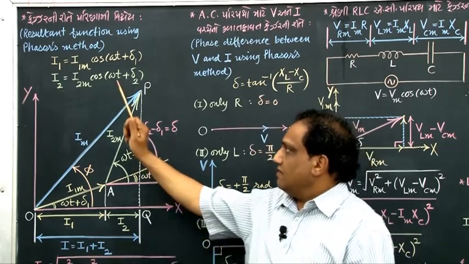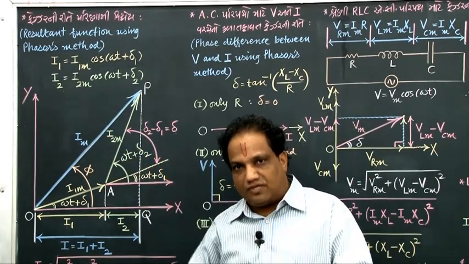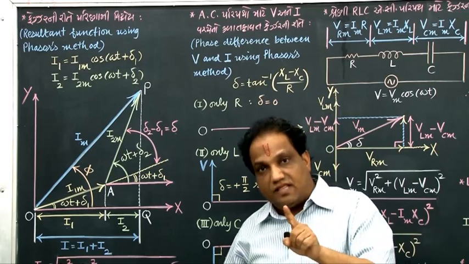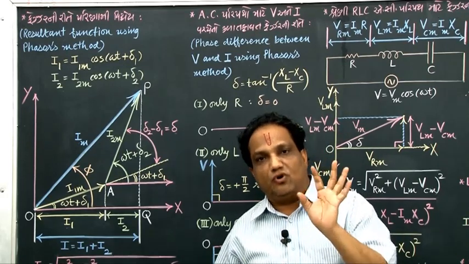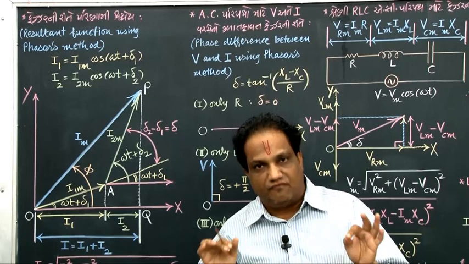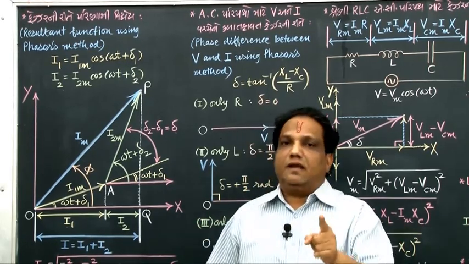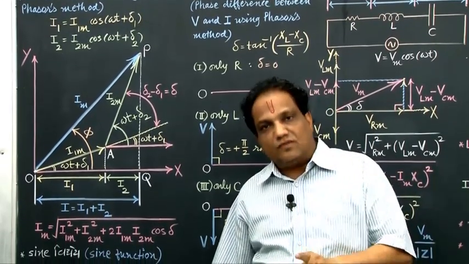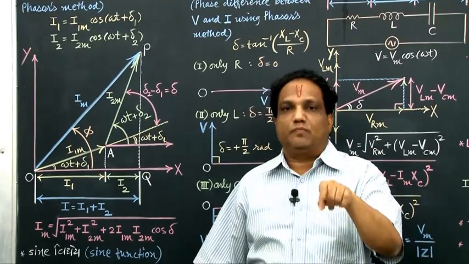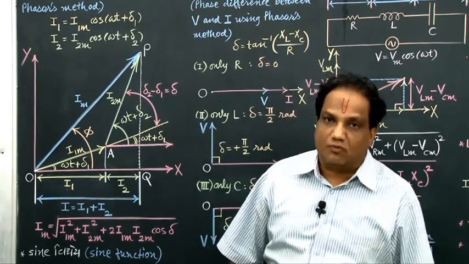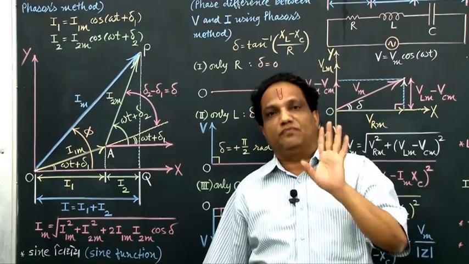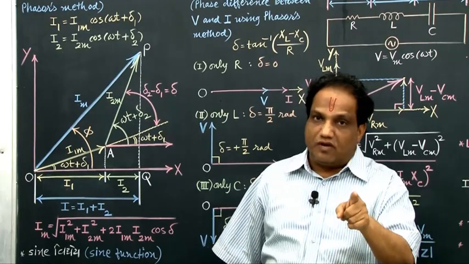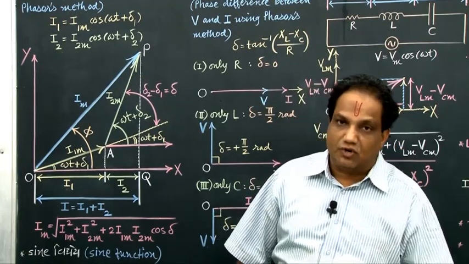While representing a given harmonic function by a phasor, you have to draw a vector having length equal to the maximum value of that function, and then draw that vector such that the angle made by it with the positive x-axis is equal to the phase of the given harmonic function, and the component of that vector along the positive x-axis or y-axis is equal to the instantaneous value of that harmonic function.